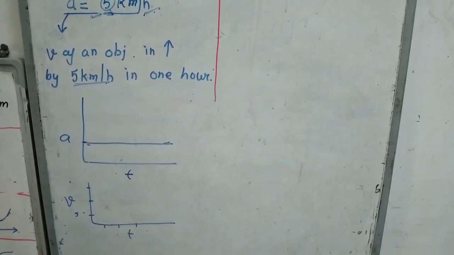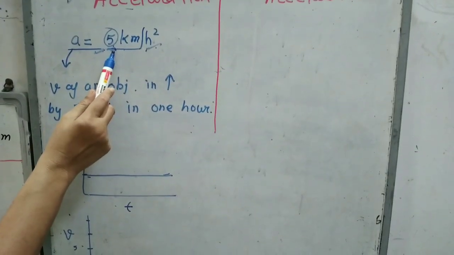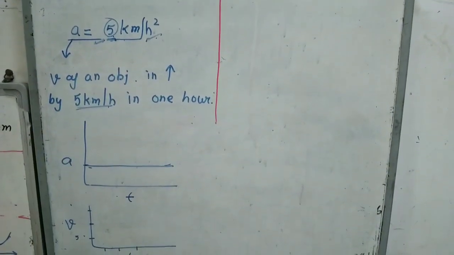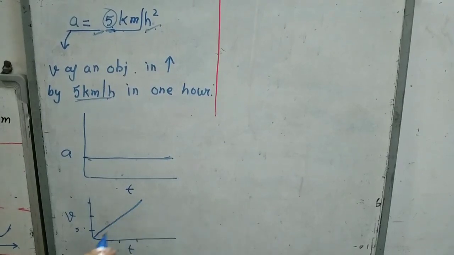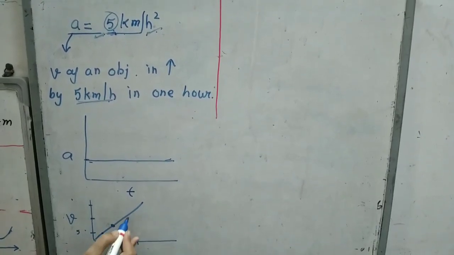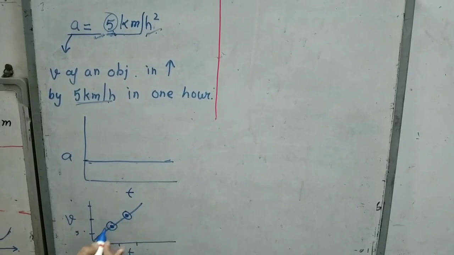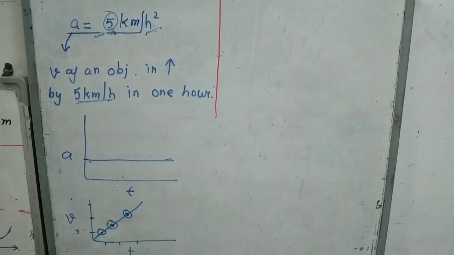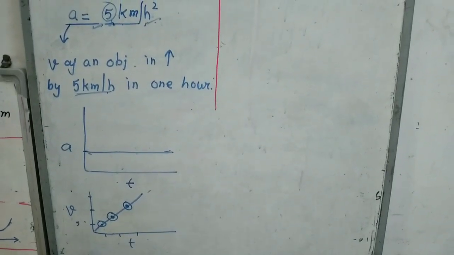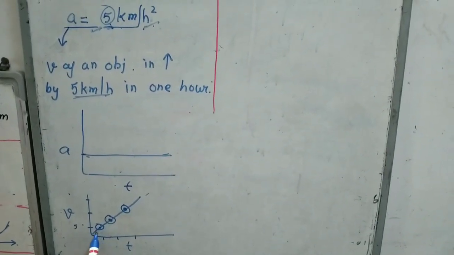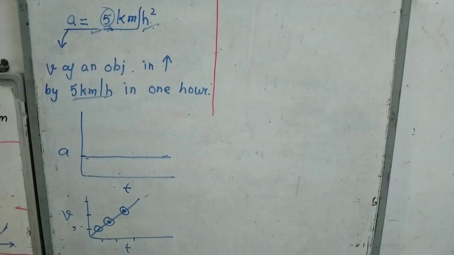Why is the velocity changing? Just because the acceleration is given as 5 kilometer per hour square. So what will be the graph? The graph will be like that. Am I correct? So the velocity time graph of uniform acceleration will be a straight line.